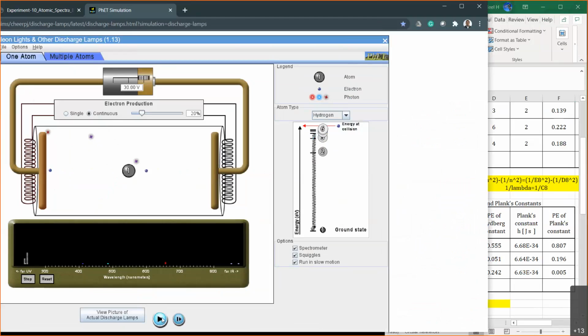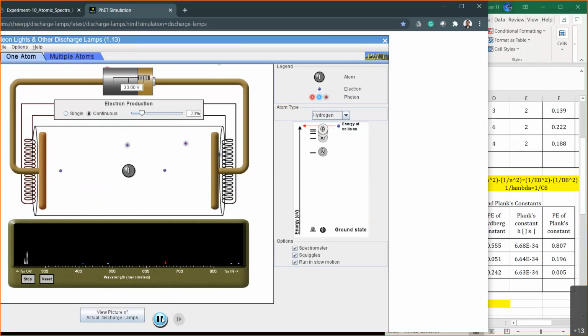4 to 1, there's no color, right? That goes to the IR region. About 3 to 2, red, right? 3 to 1, no color. 6 to 1, no color.